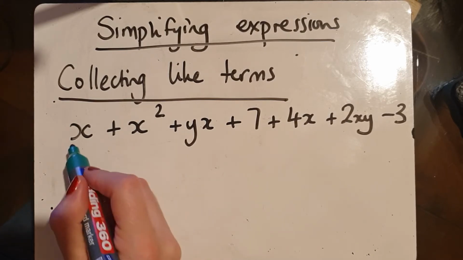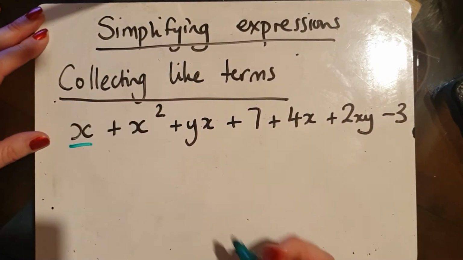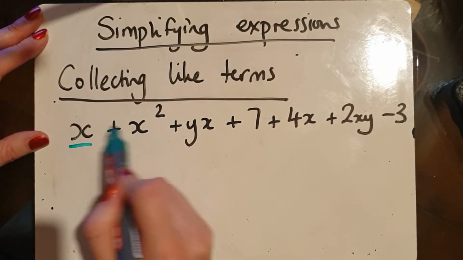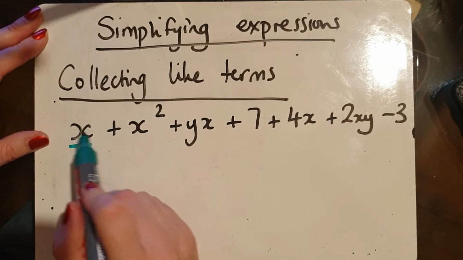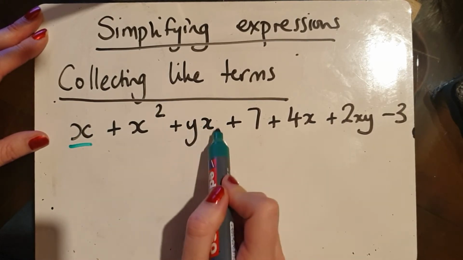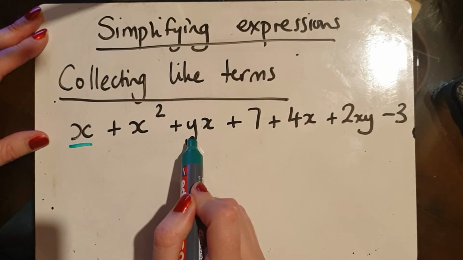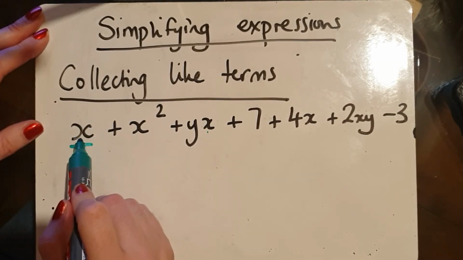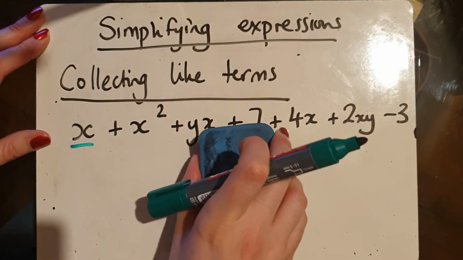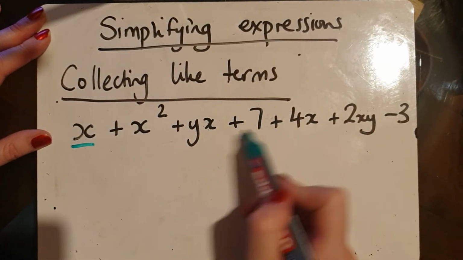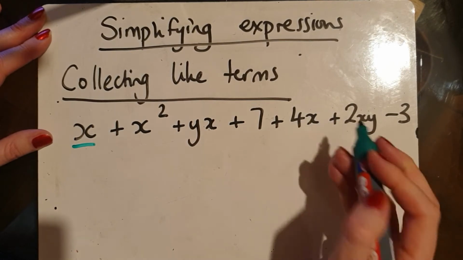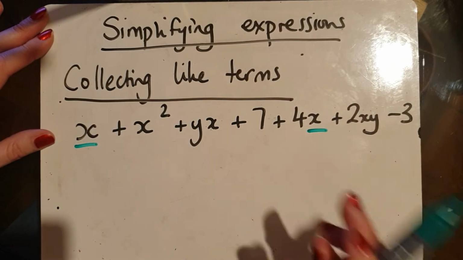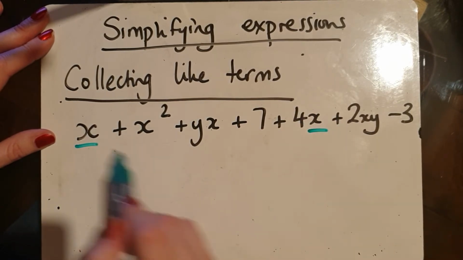So for example, this term has x in it. This term also has x in it, but it has x squared, so it's not the same power, so these are not like terms. This term also has x in it, but it has a y in it as well, so it is not the same combination of variables as this one is. This is just x, so this is not a like term either. 7 has no x in it. 4x. A coefficient doesn't make it not a like term, so if it's got a coefficient, that's absolutely fine.